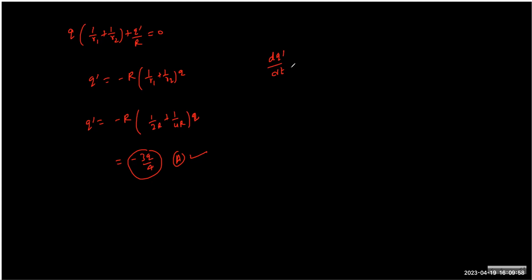Minus R, Q is constant. dR1 by dt into 1 by R1 square, correct, plus the same for R2.